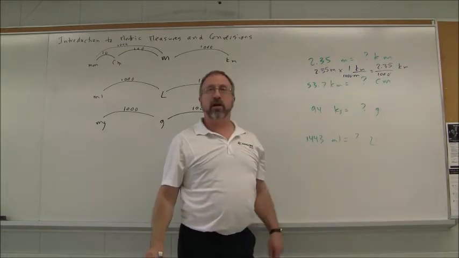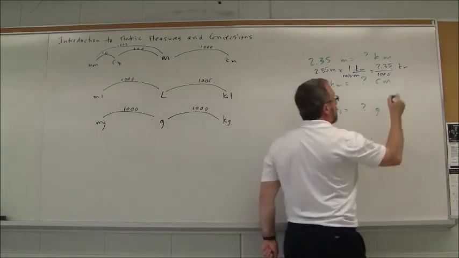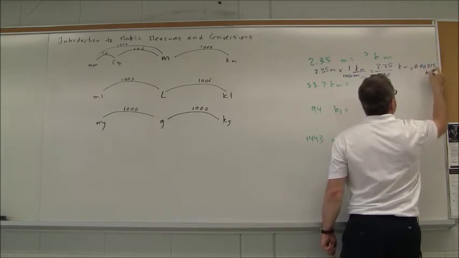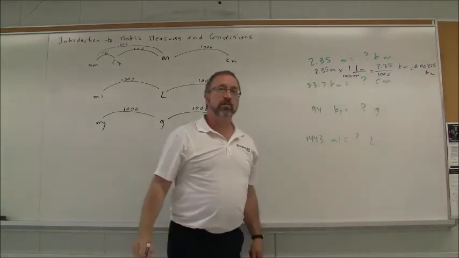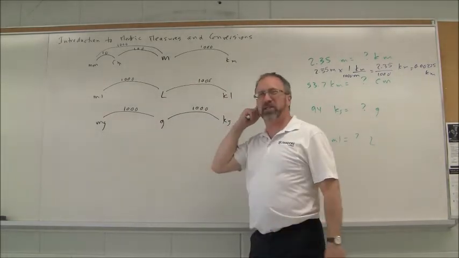So we get 2.35 divided by 1,000 kilometers. Dividing by 1,000 just means I move the decimal 3 places. So that's 0.00235 kilometers.